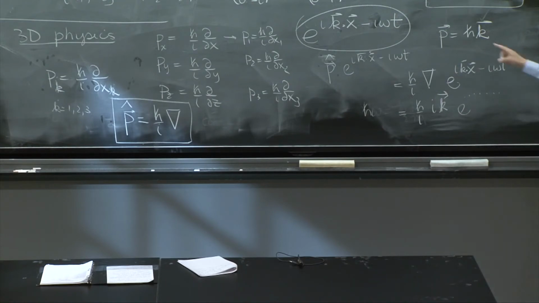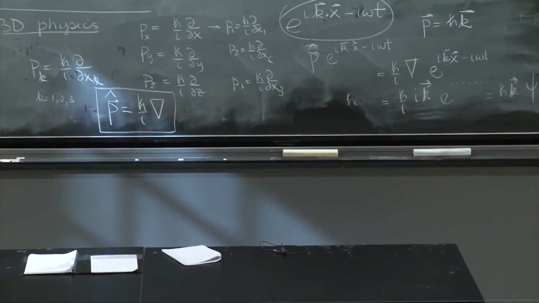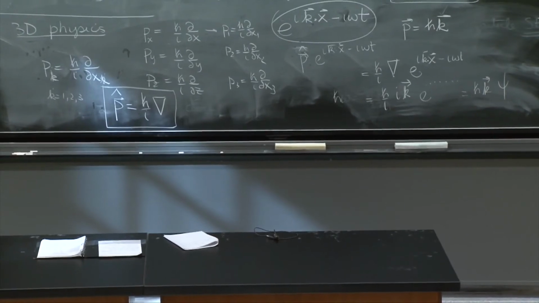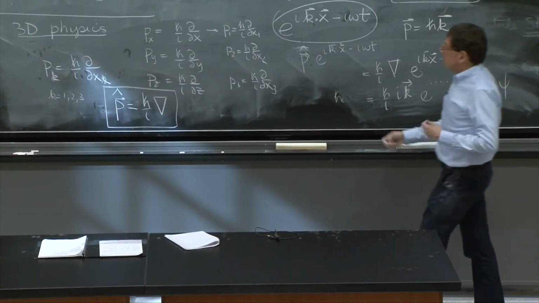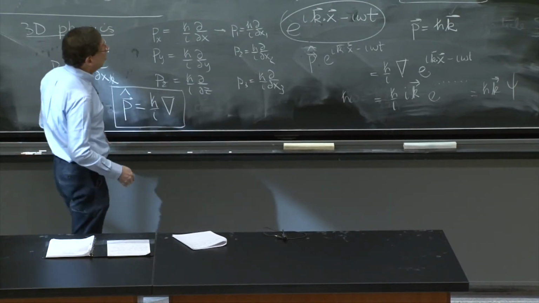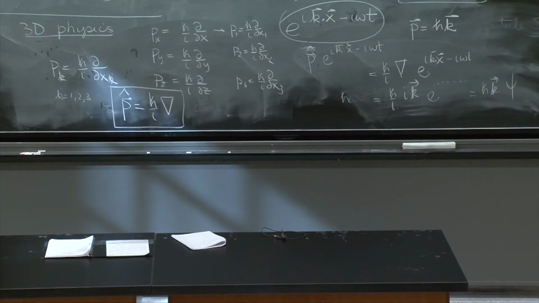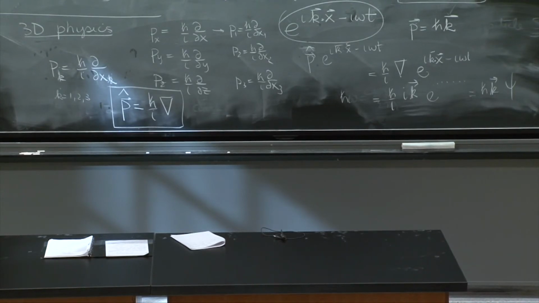So you get h bar k, which is the vector momentum, times the wave function. So the momentum operator has become the gradient. This is all nice. So what about the Schrodinger equation and the rest of these things? Well, it's not too complicated.